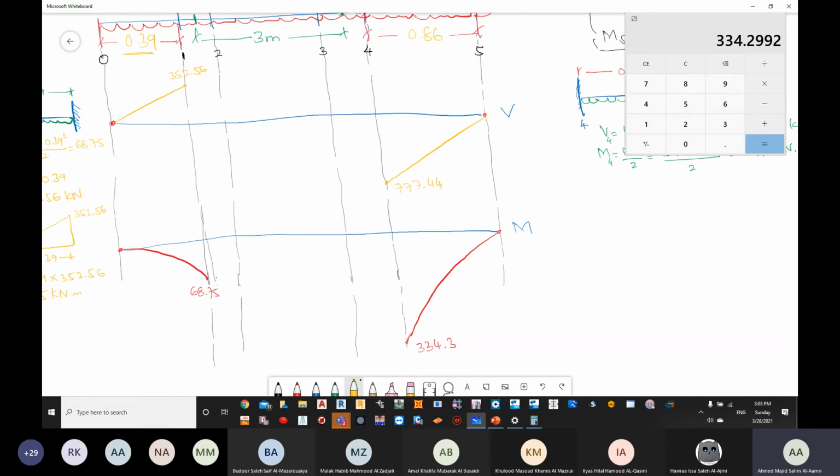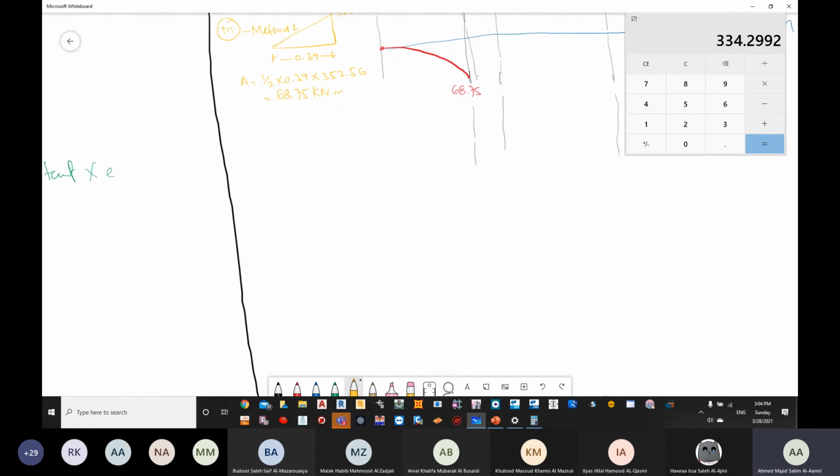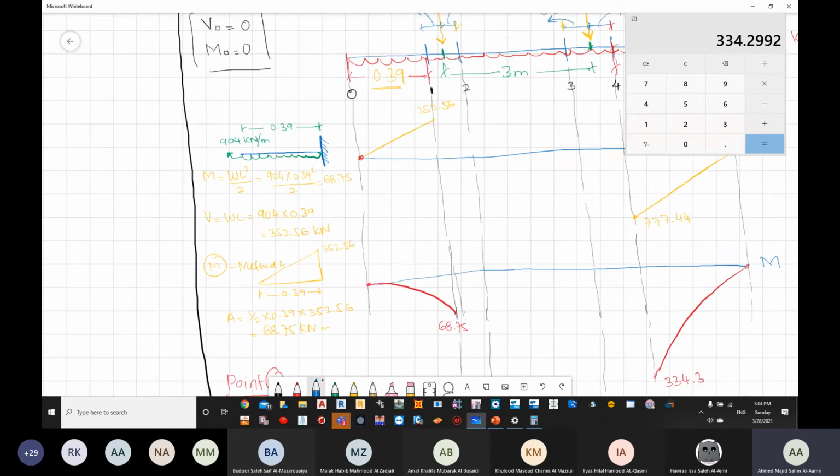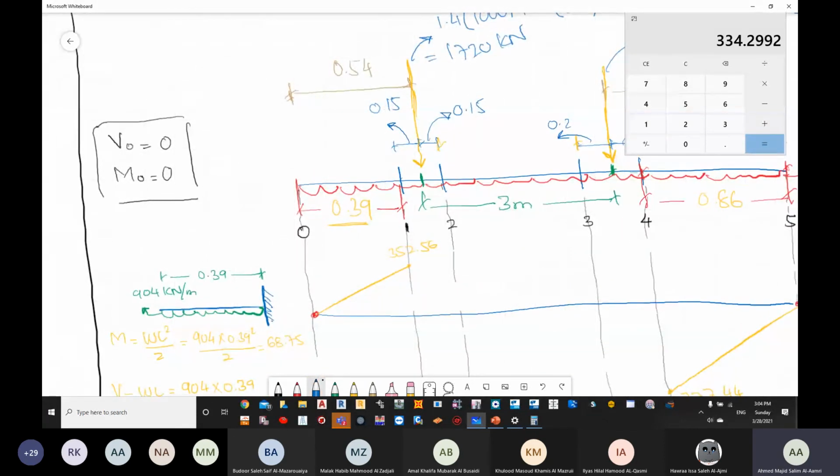So 777.44. Now what about point number 2 and point number 3? Can we take point number 2? Once again, we'll just draw a line. We'll say point number 2 here. Now for point number 2, we have 0.39 here, plus we have the column side.